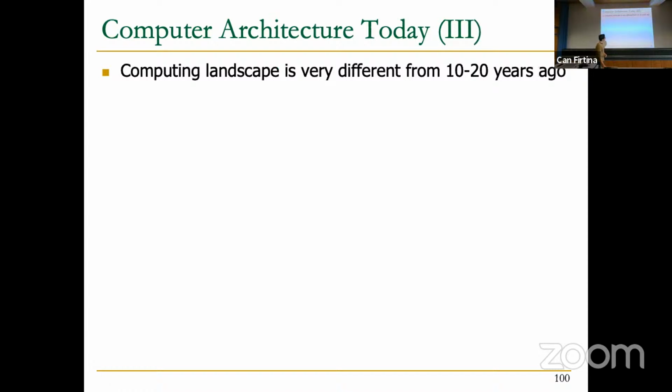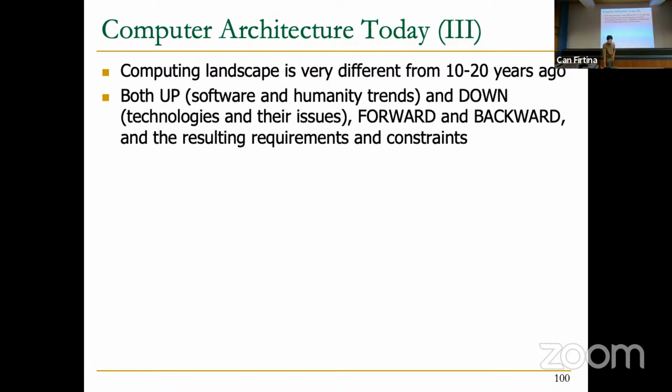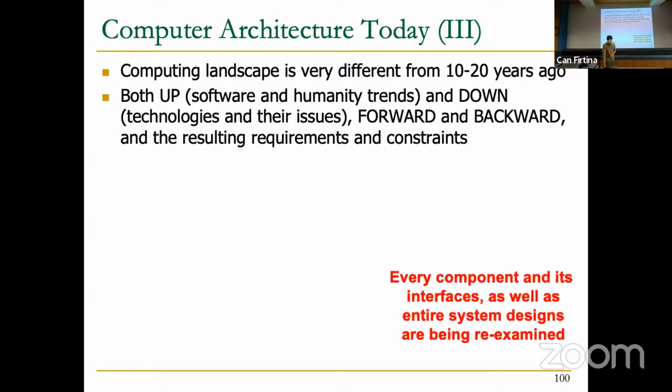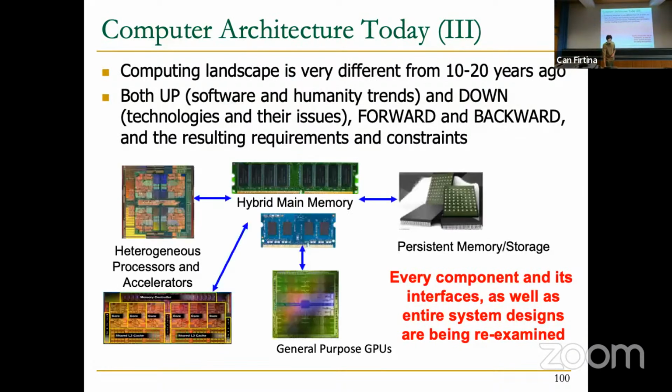Okay, actually I was talking about this, right? The computing landscape is very different from 10 or 20 years ago. Many changes, up, down, forward, and backwards. Every component and its interfaces, as well as the entire system designs, are being re-examined.